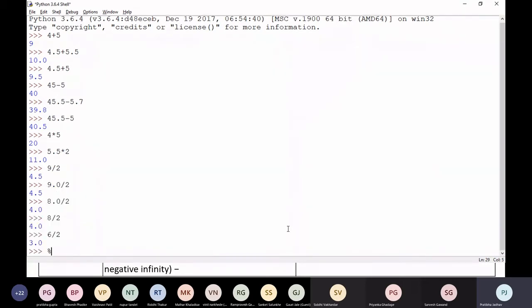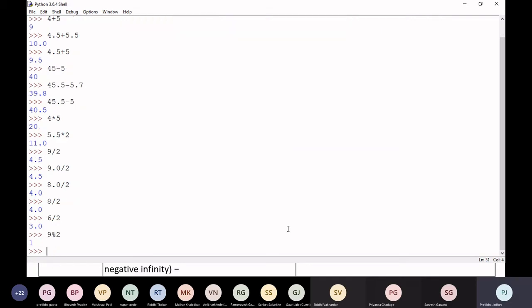Now the modulus operator. The modulus operator is used to give the remainder from the value. For example, if I am dividing 9 by 2, then what will be the remainder? One.